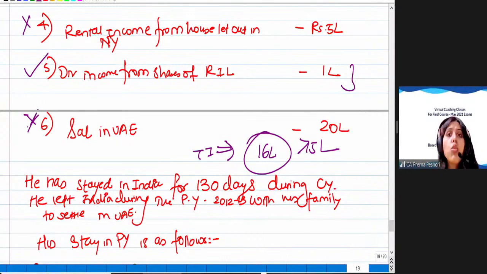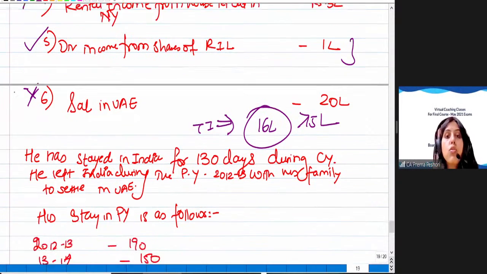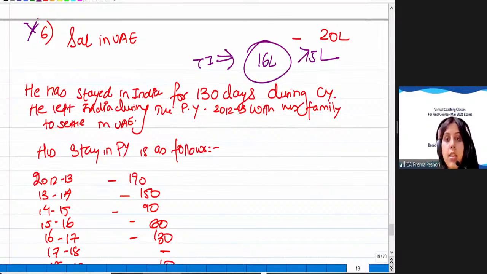Correct? So once the total income is more than 15 lakh, I fall into category 3, which is what? 120 days will be considered. 60 days will be replaced with 120 days. Correct? So in this particular case, if he is present in the current year for more than 120 days, the answer is yes.